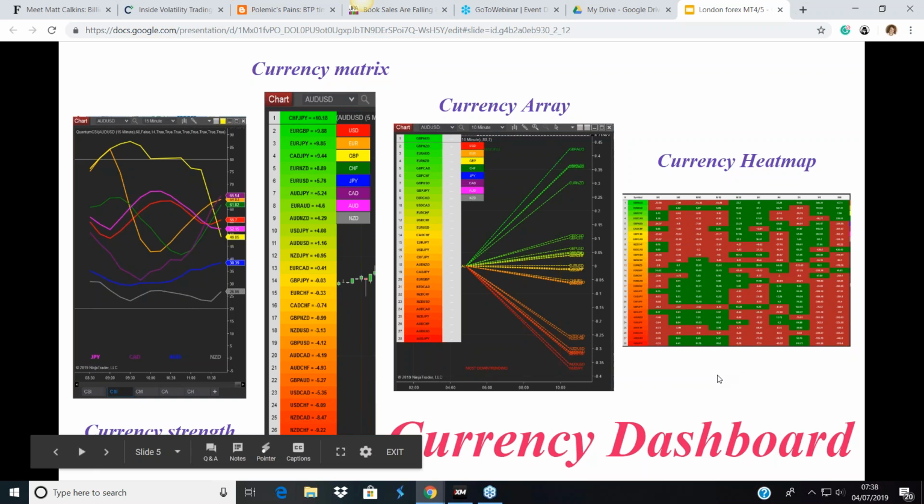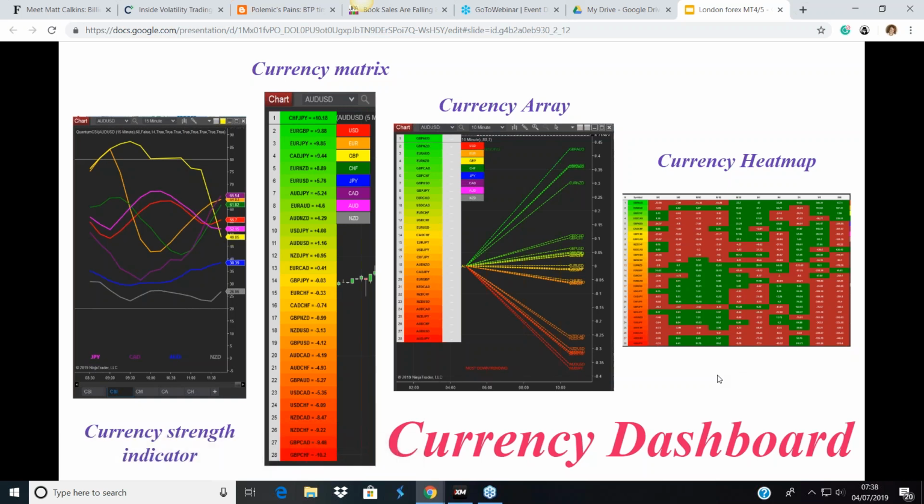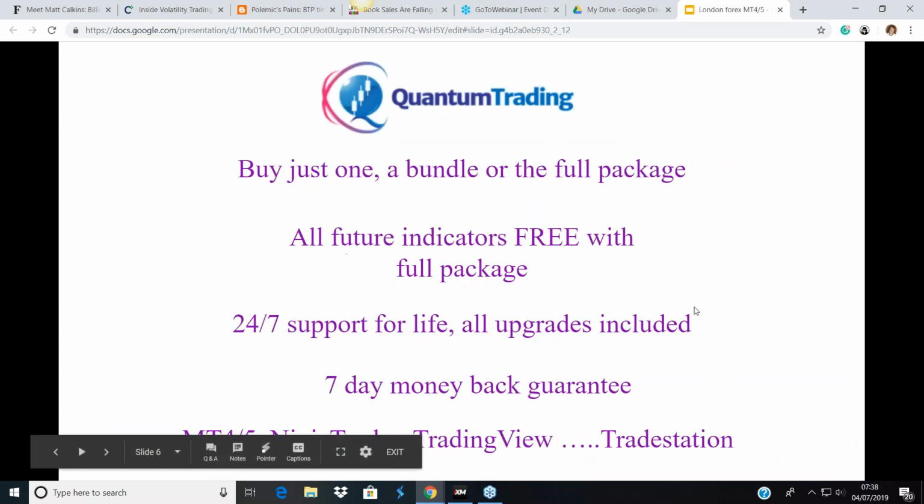There won't be much participation this afternoon, and that is going to affect the price action on the chart. But we'll look at the indicators in more detail as we look at the price action at the live edge of the market.